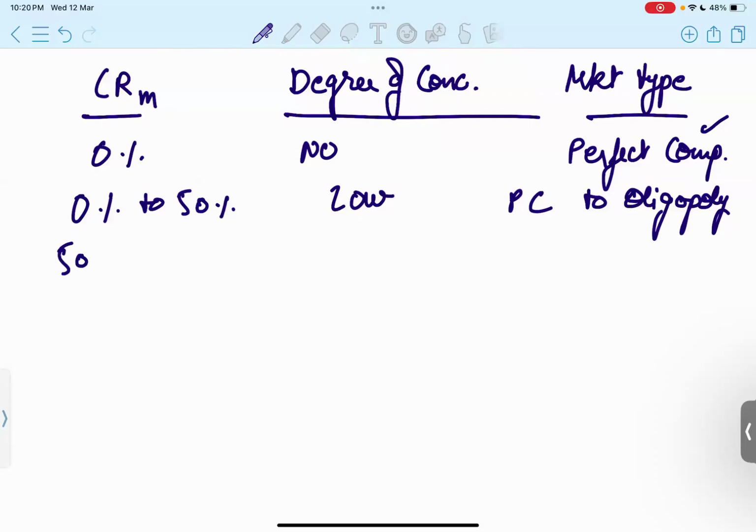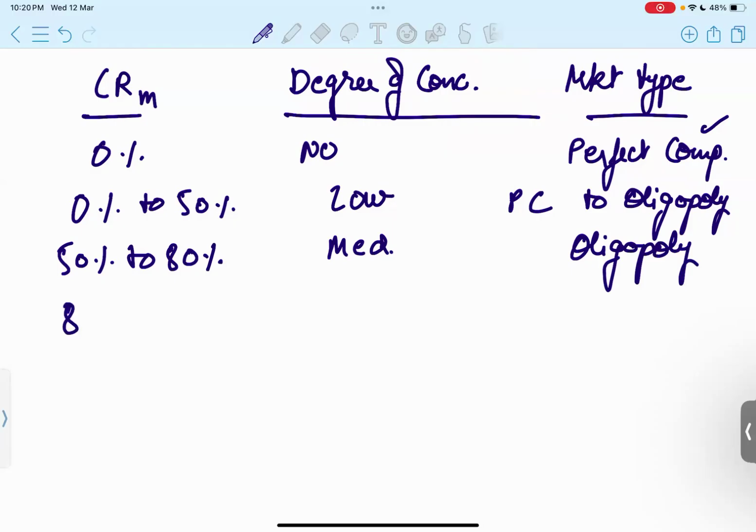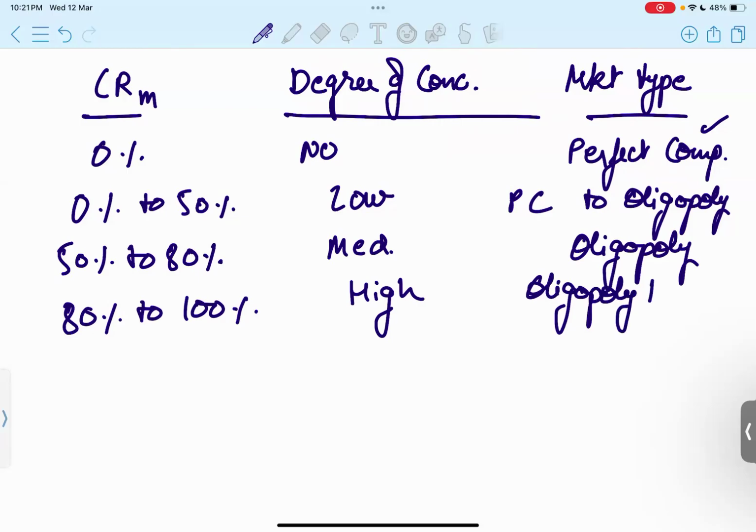In the 50% to 80% bracket, the degree of concentration becomes medium. Here a completely oligopoly form of market would operate. At 80% to 100%, the degree of concentration becomes high, and we see a transition from oligopoly to monopoly.